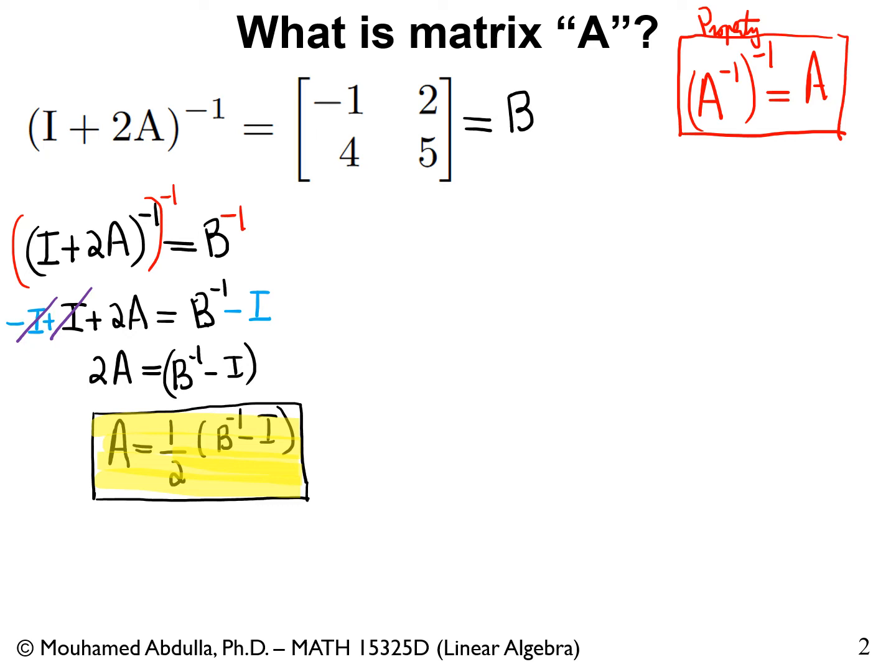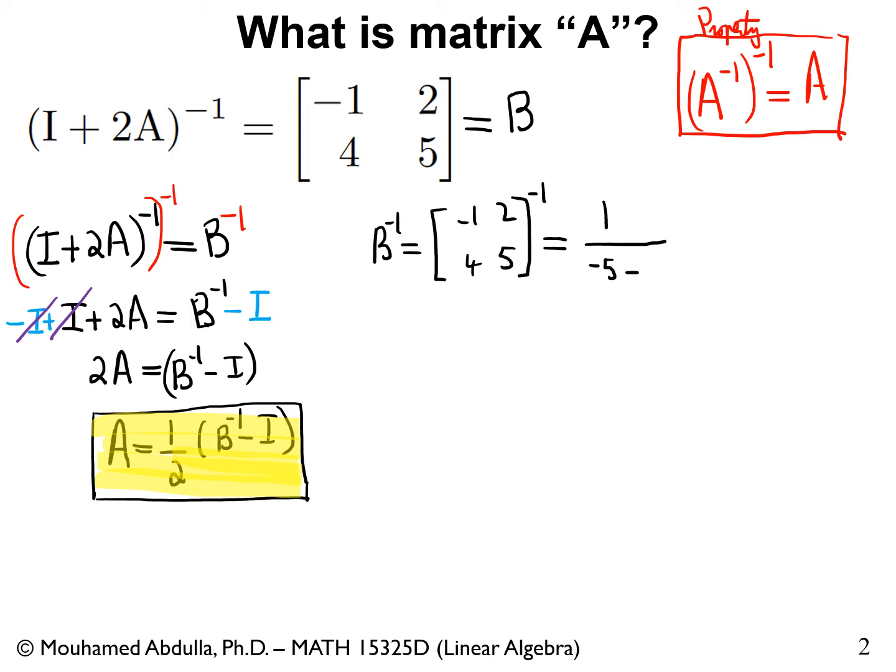So if I find the inverse of it, so B is equal to minus 1, 4, 2, 5, and I want to find its inverse. In order to find the inverse of a 2 by 2, well, I need to find the determinant. So it's going to be 1 over the determinant multiplying the adjugate. So 5 times minus 1, so this becomes minus 5.